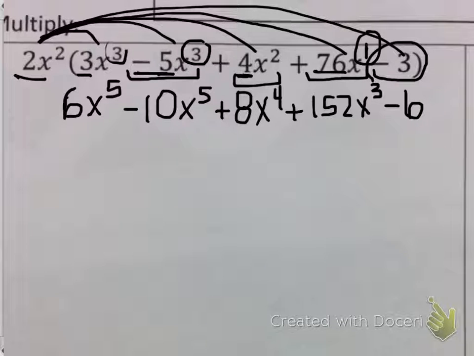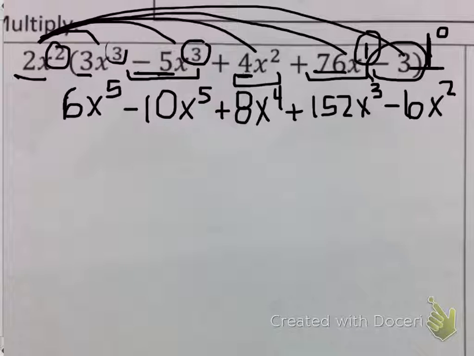And then this x doesn't have anything else on it, so we're going to treat it as x to the 1. So when we add these two exponents together, we just get a 2.